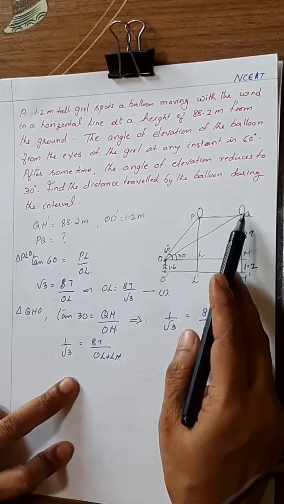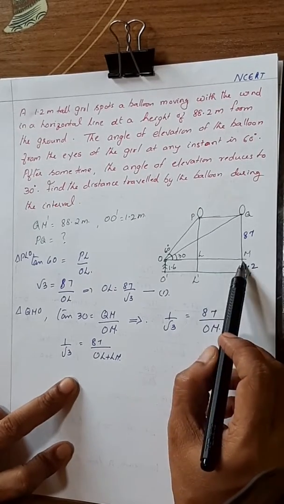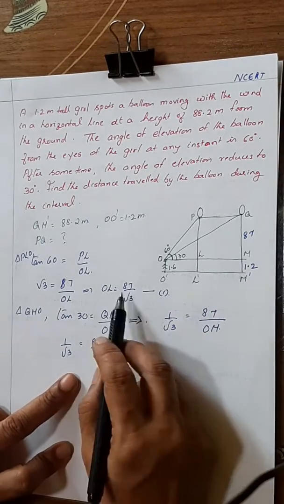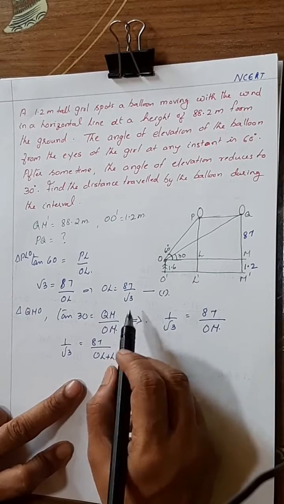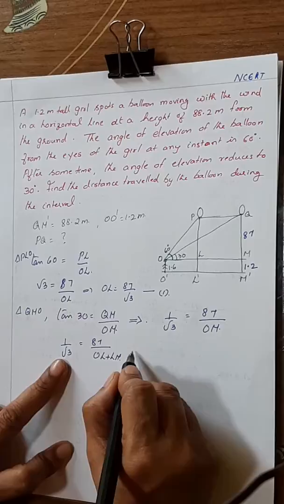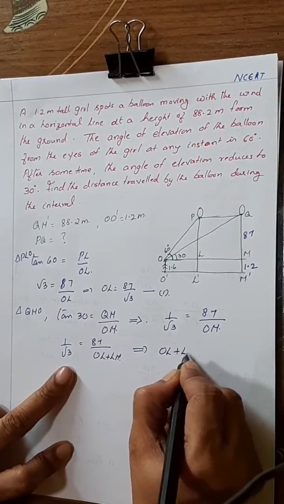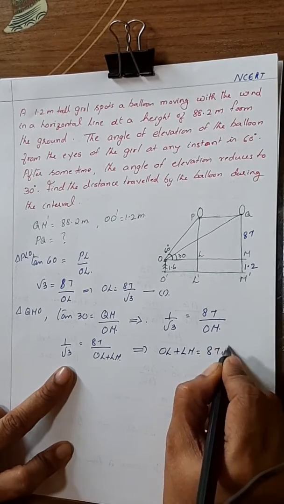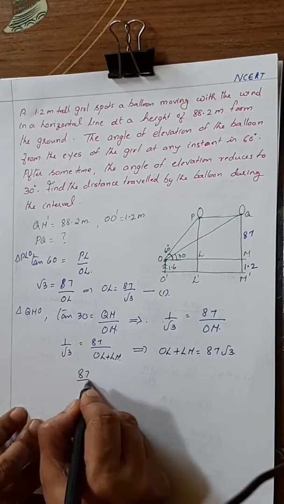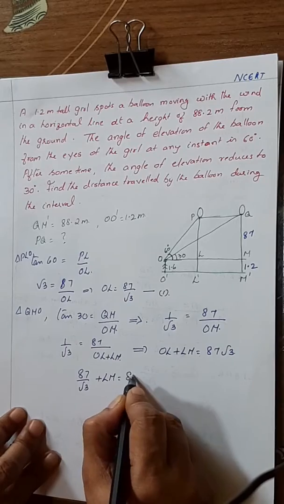Now we have OL is equal to 87 by root 3. We'll cross multiply first and then substitute it. So OL plus LM is equal to 87 root 3. So OL is equal to 87 by root 3 plus LM is equal to 87 root 3.